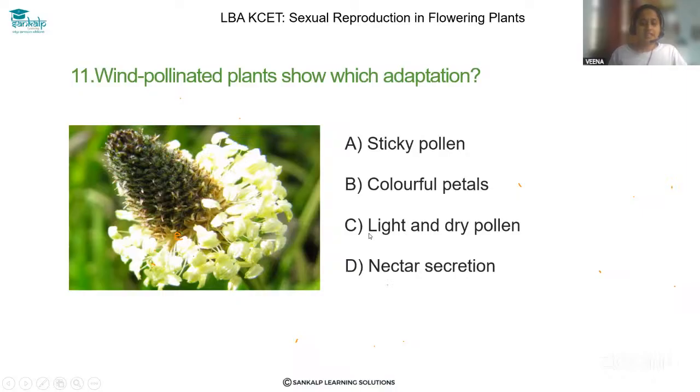So the correct answer is C. And D, nectar secretion, is also not required because it is undergoing wind pollination. So the final correct answer is C. It should be light and dry pollen.